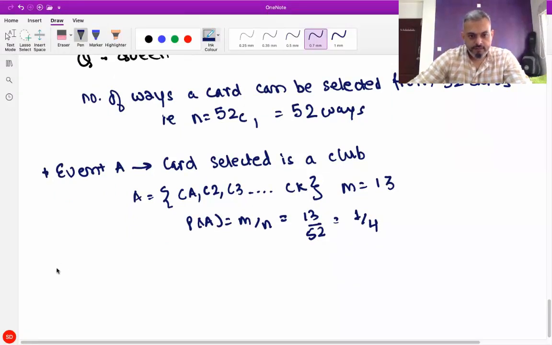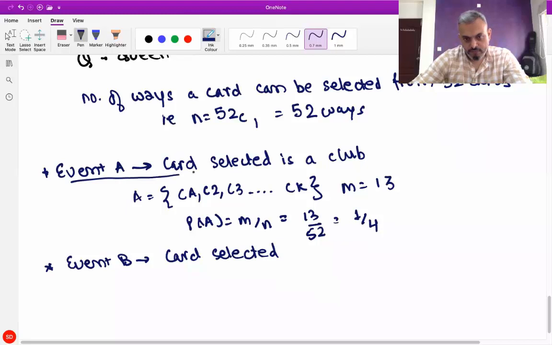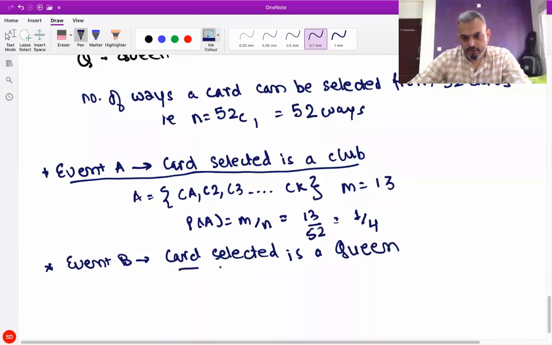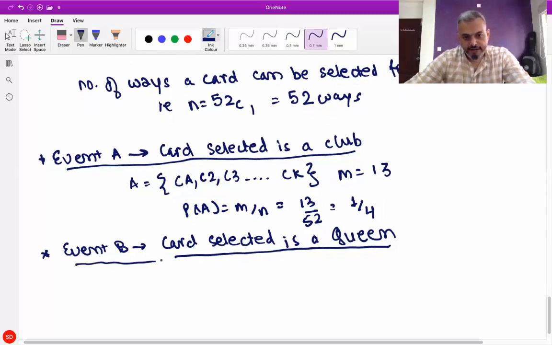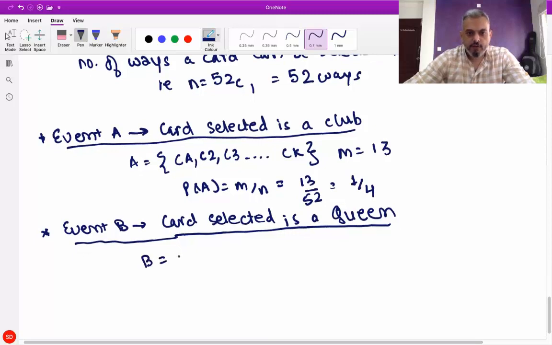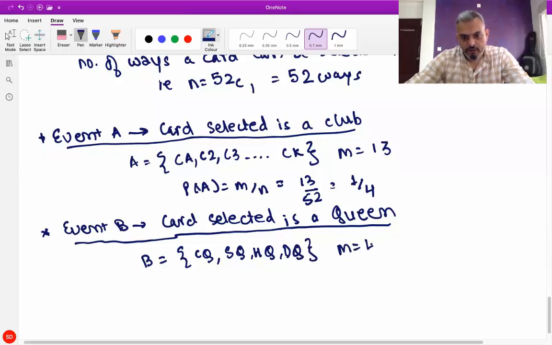Event B, card selected is a queen. क्वीन को फेस कार्ड भी कहते हैं क्योंकि फेस है, वहां पे चेहरा है. सो कार्ड सिलेक्टेड इज अ क्वीन. सो बी इज इक्वल टू, वी हैव क्लब का क्वीन, वी हैव स्पेड का क्वीन, वी हैव क्वीन ऑफ हार्ट्स एंड वी हैव डायमंड का क्वीन. सो m is equal to 4.